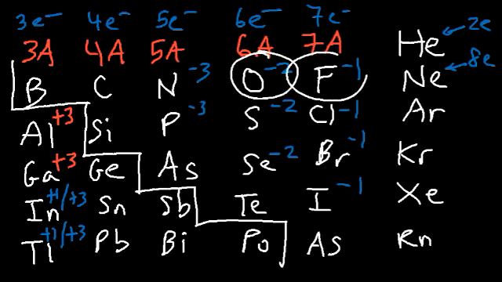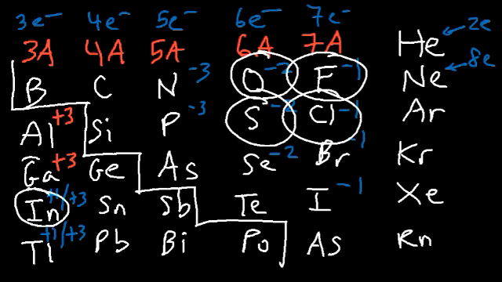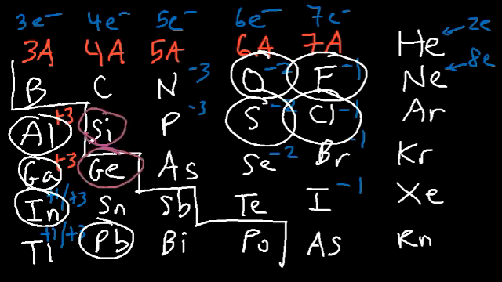So elements like oxygen, fluorine, sulfur, chlorine are all nonmetals. But elements like indium, gallium, lead, aluminum are metals. And then in between you have metalloids. The two most common metalloids that you'll see in chemistry are silicon and germanium. Those are the most common metalloids that you'll be tested on.